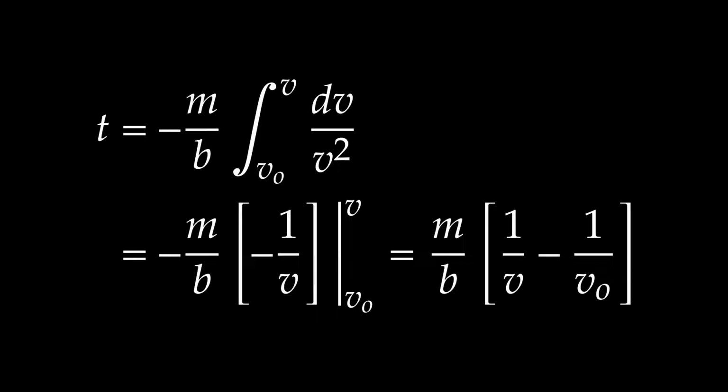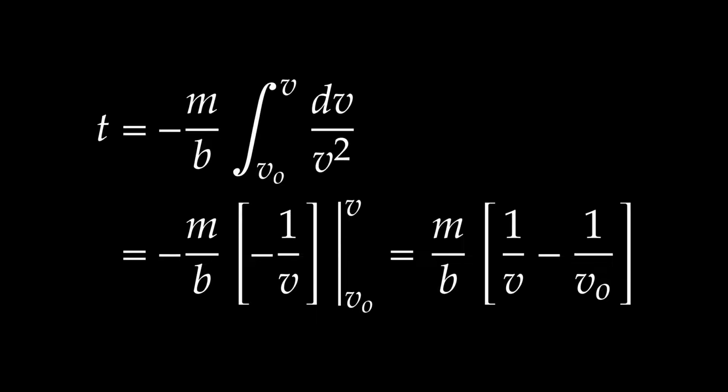And so I've completed the calculus portion of it, that I've done the integration, but I have an equation very different from the last derivation, but equivalent in the sense that I have t equal to some function of velocity. And that's not what I wanted. I wanted velocity as some function of t.